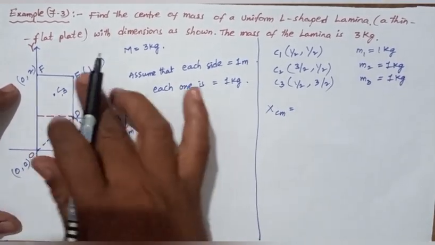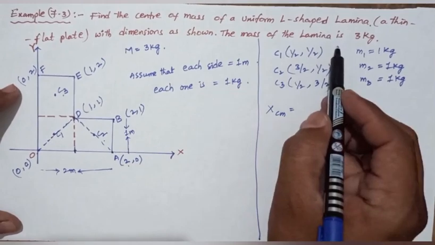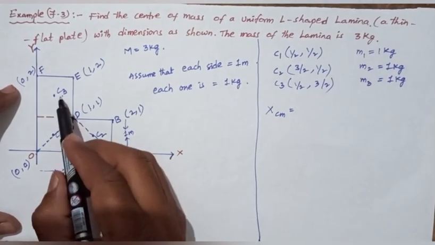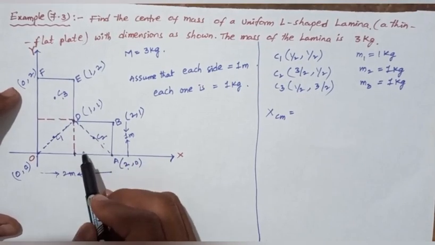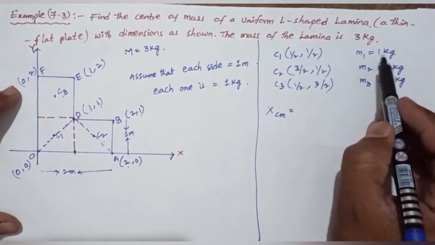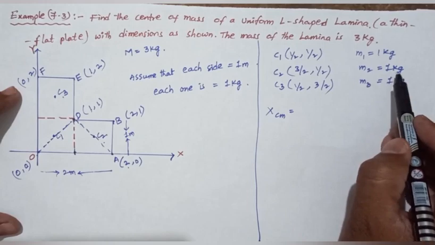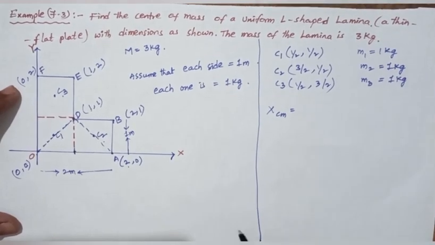So the total L-shaped lamina is 3 kilograms, divided into 3 equal shapes, so each one is 1 kilogram.